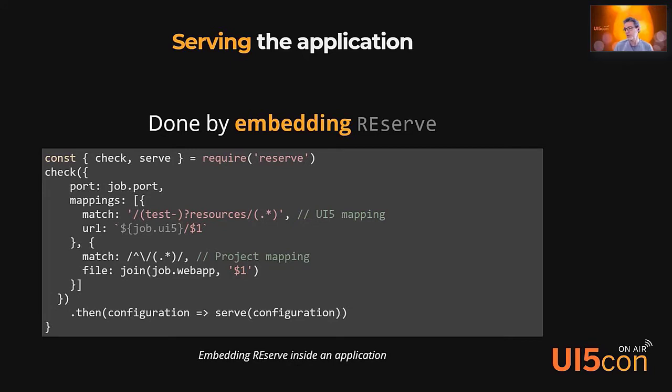You have very few instructions to reuse. And the mapping that you can see on the slide is exactly the same as the one you had inside the JSON file, but some parts are coming from a job variable, which represents the current job to execute. So it contains all the parameters you might want to consider. So the UI5 repository, the files, and things like that.